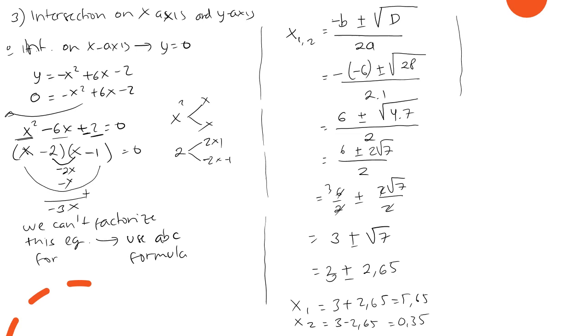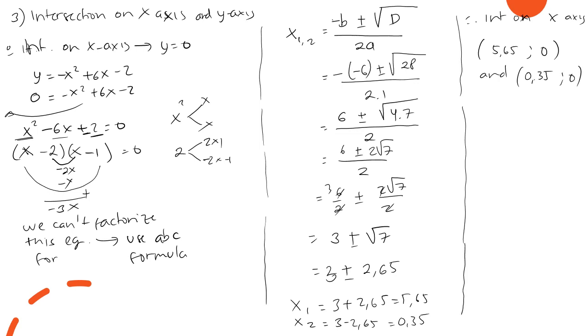Okay, so our intersections on the x-axis are (5.65, 0) and (0.35, 0). Next is the intersection on the y-axis.